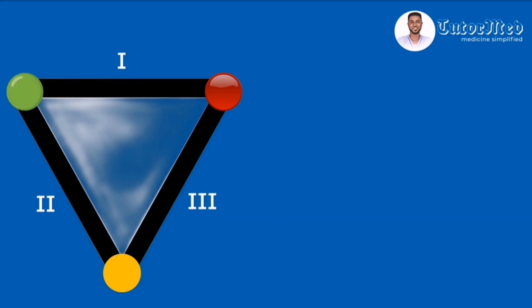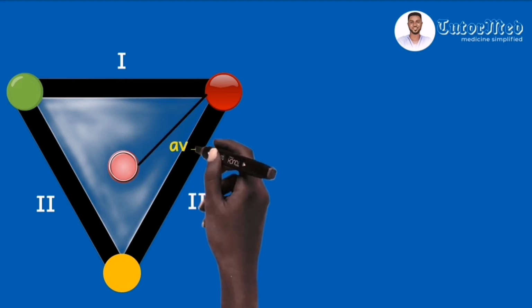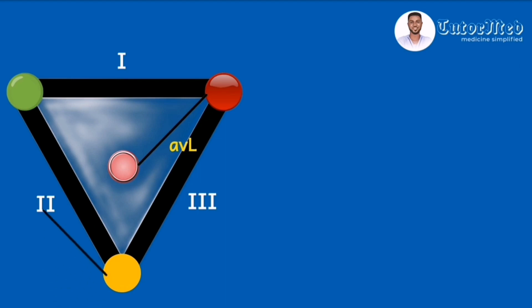And with the help or thanks to Wilson and then Goldberger, we were able to generate this virtual central terminal called Wilson Central Terminal. And so once it was there, the ECG machine was able to generate 3 more leads, isn't it? We have AVL here, AVR there, and then the AVF here.